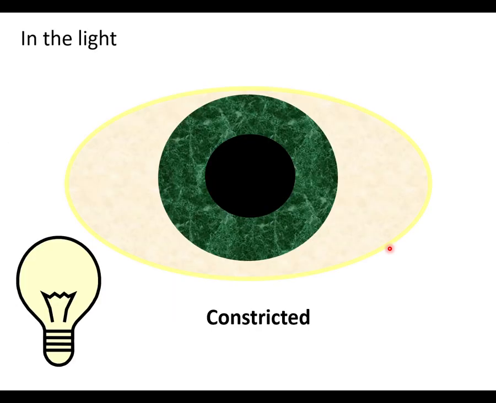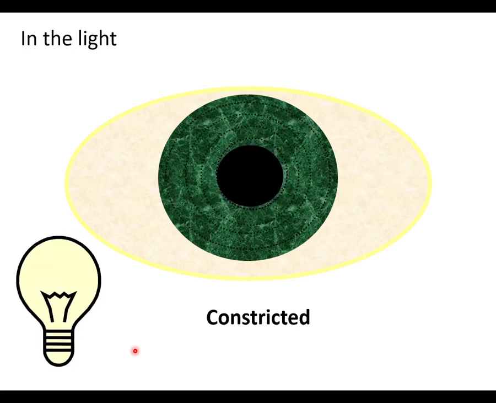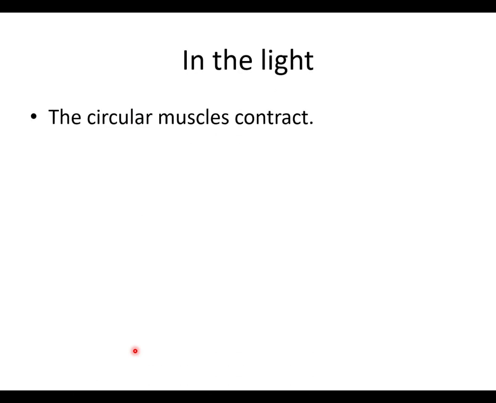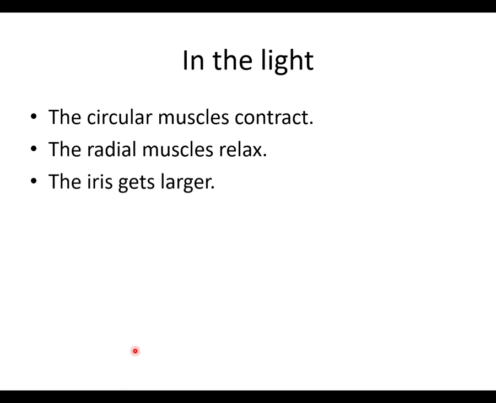These are what happens. In the light, we're going somewhere light. Here's the light coming on. It's going to cause our pupil to get smaller and our iris to get bigger. Why has this happened? Well, the circular muscles have contracted. The radial muscles have relaxed. The iris gets larger.